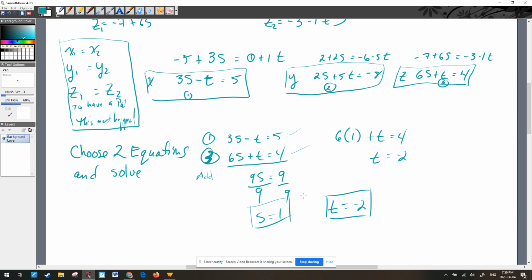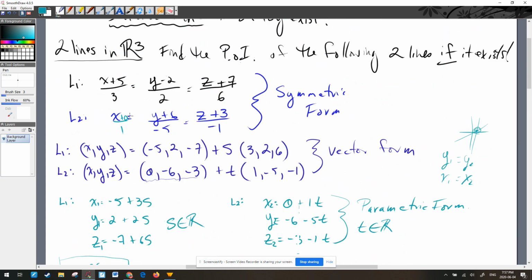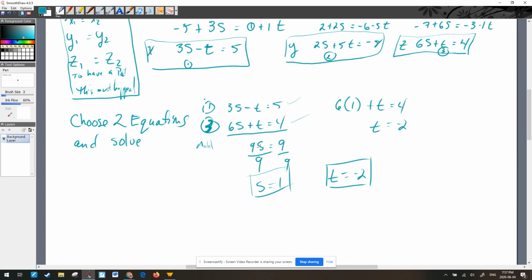We're always going to get a solution for s and t from two equations, whether these two original lines intersect or not. We will always get a solution here. So we have our solution. Yay us, huzzah. There is our solution to the two equations.